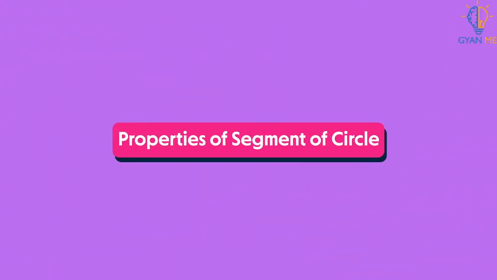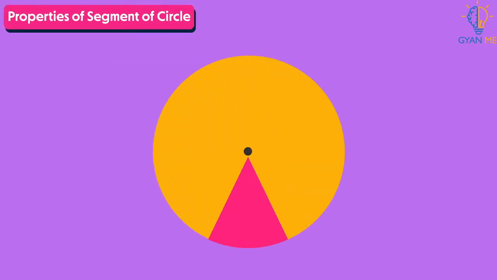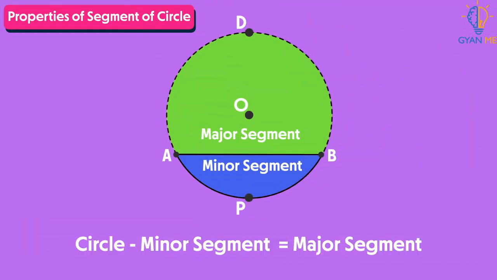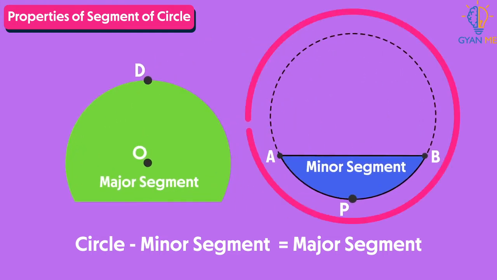Let's also quickly recall the properties of segment of the circle. The angle subtended by the segment at the center of the circle is the same as the angle subtended by the corresponding arc. A minor segment is obtained by removing the corresponding major segment from the total area of the circle.